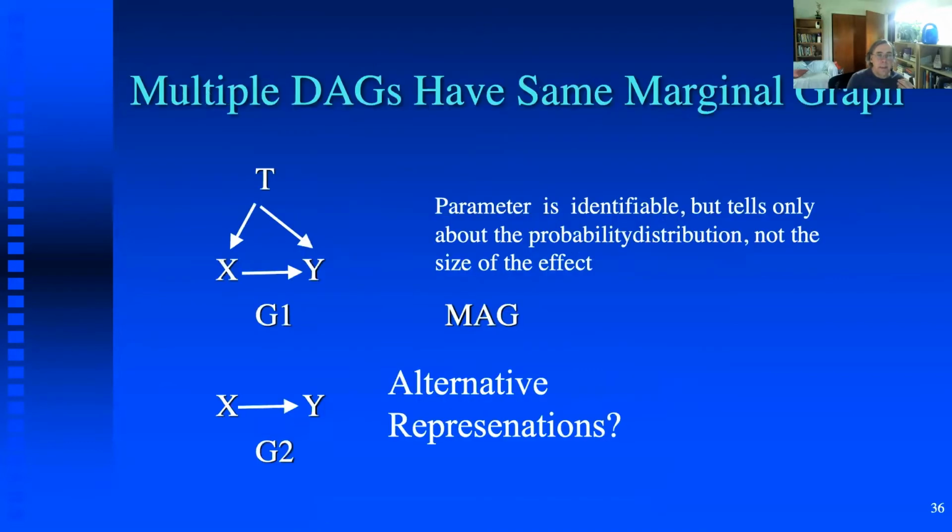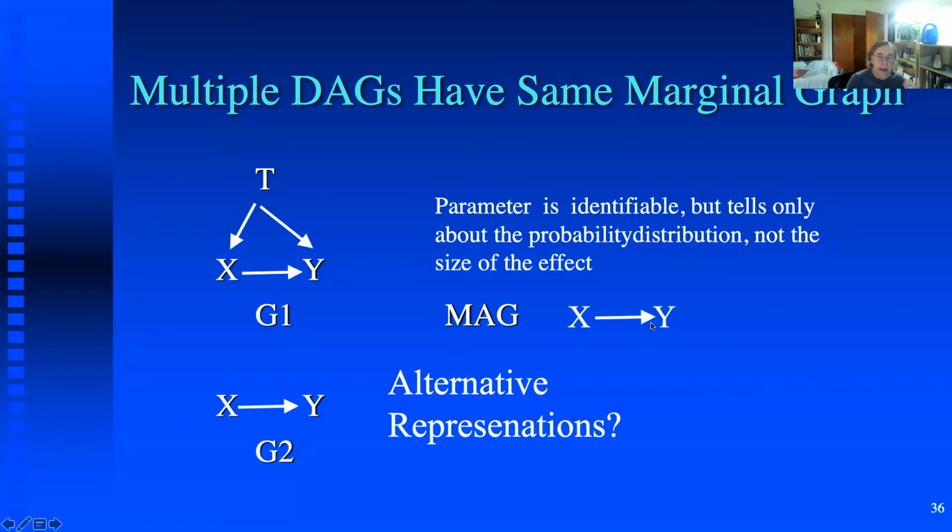So note that multiple DAGs have the same marginal graph. So if this is my true graph and T is an unmeasured confounder, and I want to marginalize T out, what am I going to get? Well, the MAG that I'm going to get is just going to be that.